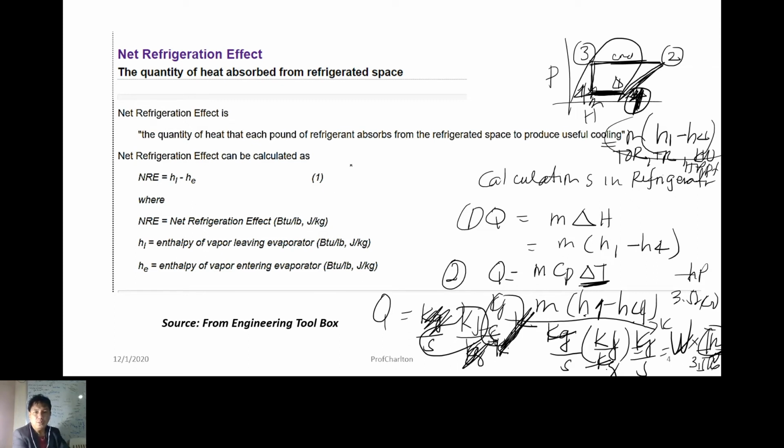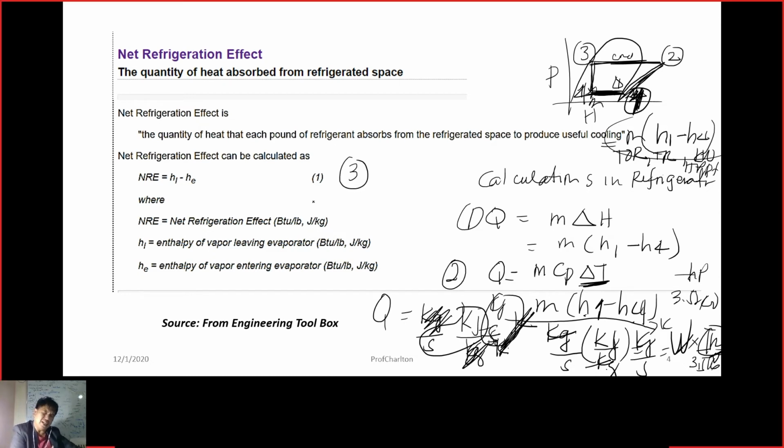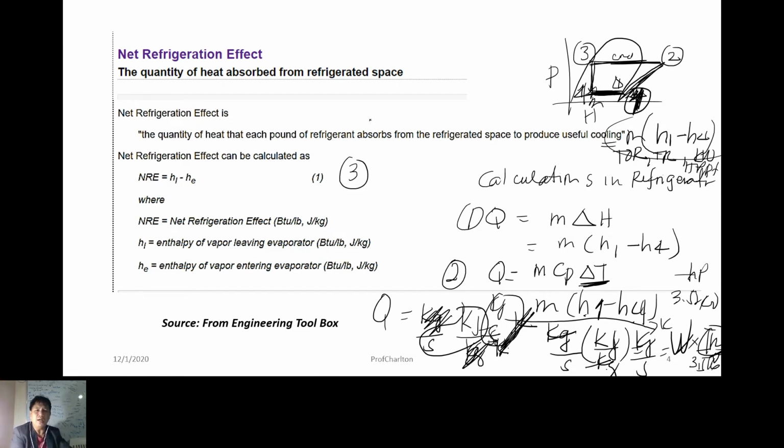Now, pangatlo, meron tayong tinatawag na air coming from the tube, no? Sa evaporator. May mga sa evaporator kasi class may tubo, no? Ito, tubo. So ito halimbawa yung in or suction, ito yung out or discharge, no?